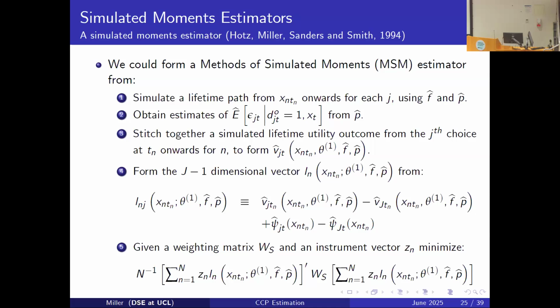Again, you can use any old set of instruments because in your model, all the past stuff can be used as an instrument given the conditional independence assumption you've already made. And so then again, you're going to have a quadratic, and it's not obvious from what I've said here, but if you've got this stuff being linear in the utilities, the whole thing will end up being linear. And again, you get a closed form solution in that case too.